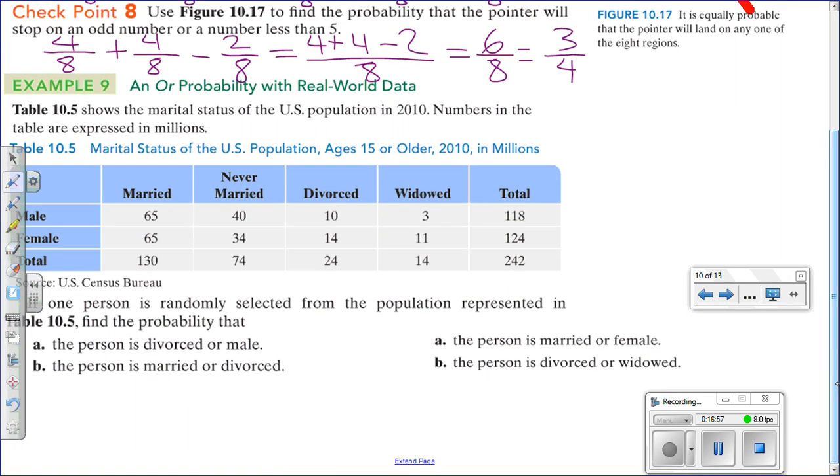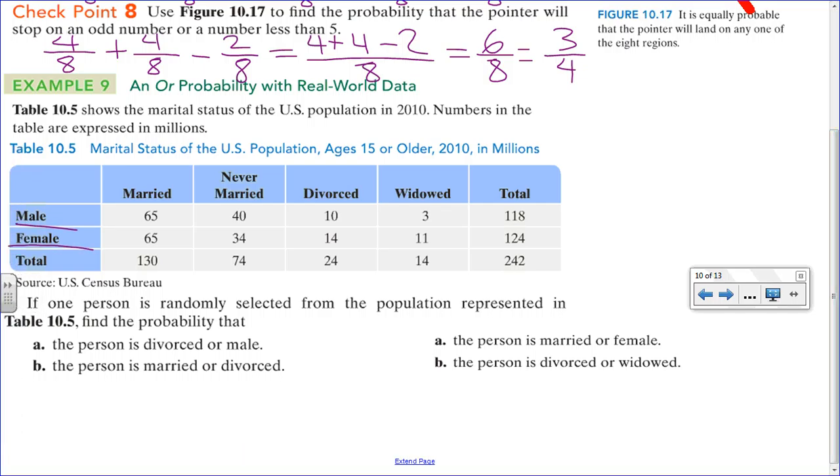So let's move on to the next problem. And we have here in this example, probability with real world data. The table shows the marital status of the U.S. population in 2010. Numbers in the table are expressed in millions. So we have here, by gender, male and female.